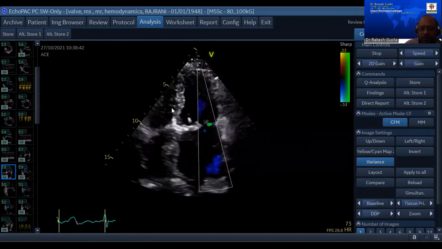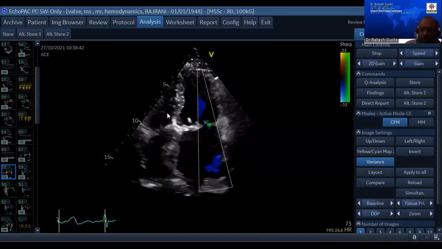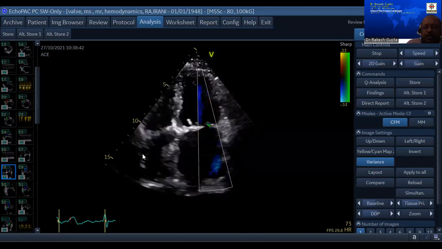Then we went to vena contracta, any vena contracta more than 7. Then LV internal dimensions during diastole more than 32 millimeter per meter square body surface area. And of course, we did not talk about the PR jet gradients, but these are the few things which we need to look at in mitral regurgitation.